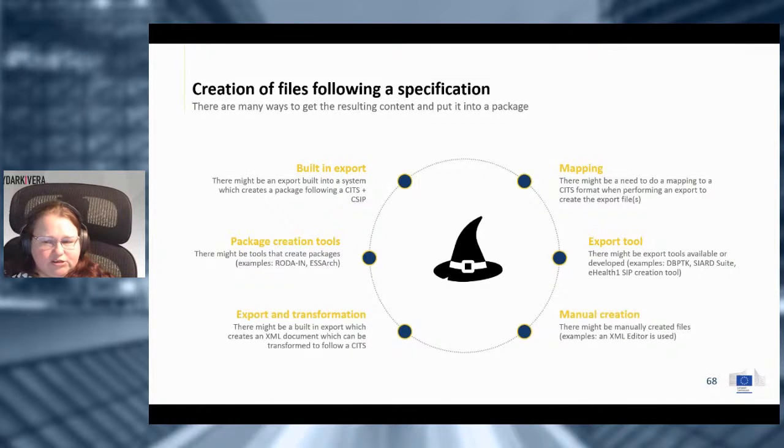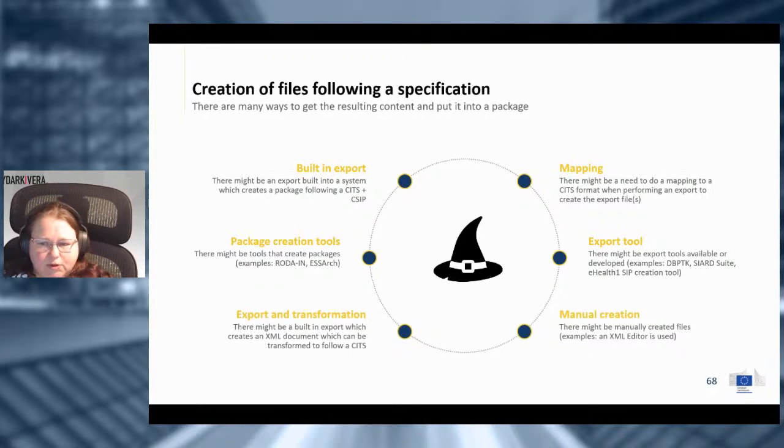It might be that you have an export available in the system, which means that you get an XML document, which can then be transformed to follow a CITS. So that is actually possible. There are package creation tools, for example, Rodain and ESSArch, and the coming SIP creation tool for eHealth One. So they can create the package for you.